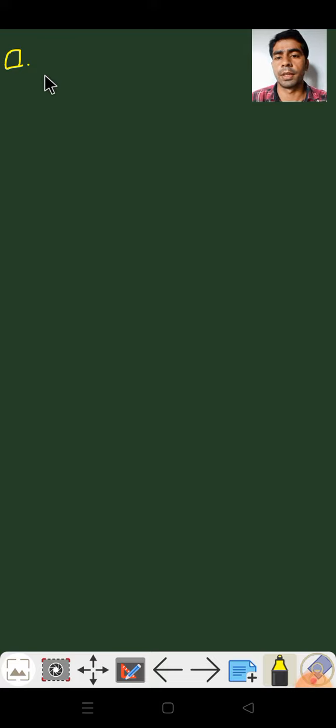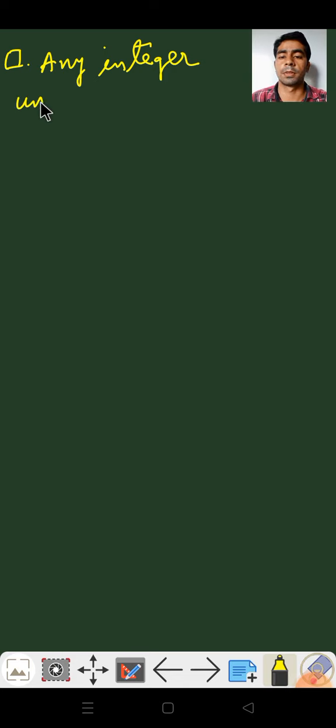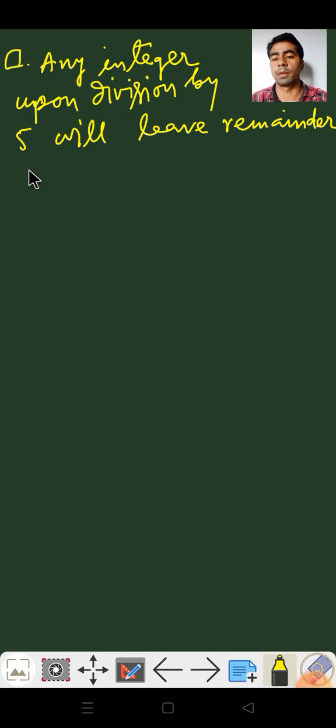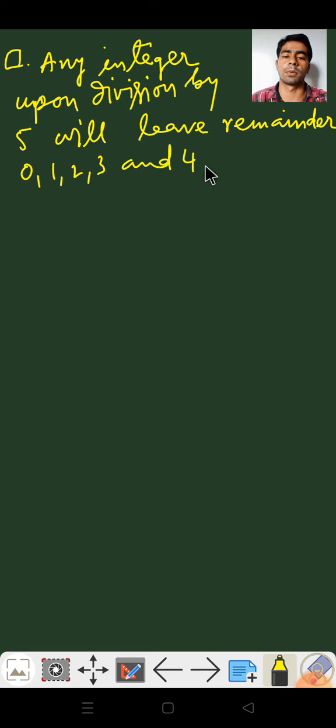Now any integer upon division by 5 will leave remainder 0, 1, 2, 3 and 4.